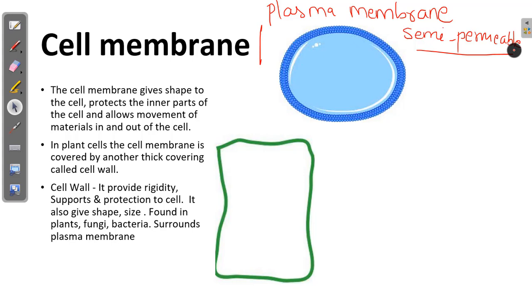Now, plant cell has one more speciality. In addition to this one boundary, they have another important boundary which is present outside, that is known as the cell wall. So remember one important point, mark it as important. Cell wall is present only in plant cell.